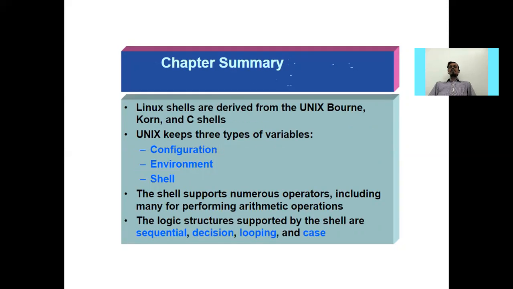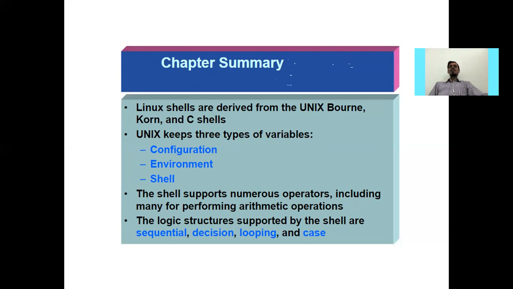Linux shells. This is the chapter summary. The summary of the chapter is what we have been reading about. First, Linux shells are divided into Unix Bourne, Korn, and C shells. Basically, we can divide Linux shells into three parts: first is Bourne, second Korn shell, and C shell.